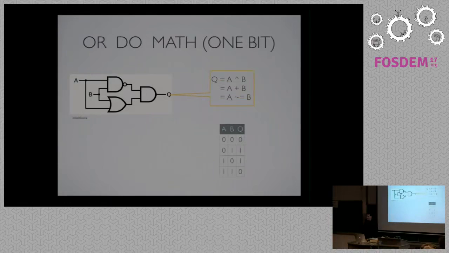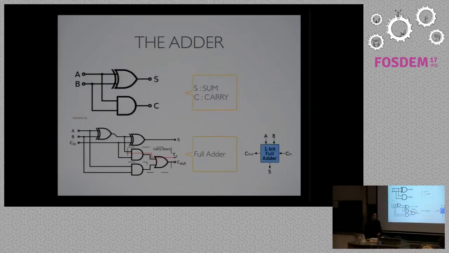And with the XOR gate, you can also do mathematical computation, like for starting an adder. So an adder, a 1-bit adder, is in fact a XOR gate. So an adder is a little bit simple, and we can complete it by designing what we call a full adder.